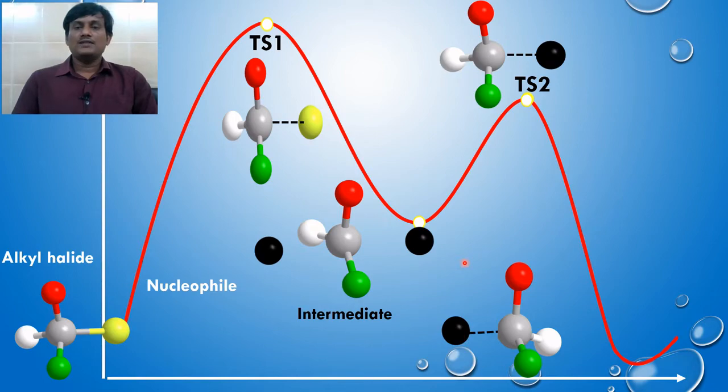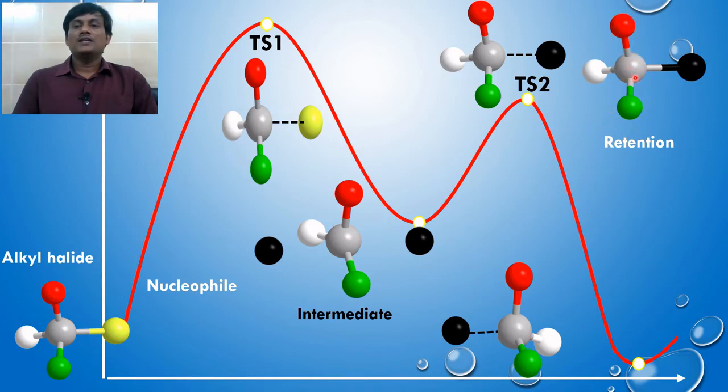Then from the transition state, there is a complete formation of the bond. When there is a complete formation of the bond, there is a decrease in energy and there is a formation of the nucleophile substituted product with retention of configuration. If you observe this product and reactant, both have the same configuration. So there is a retention of configuration.